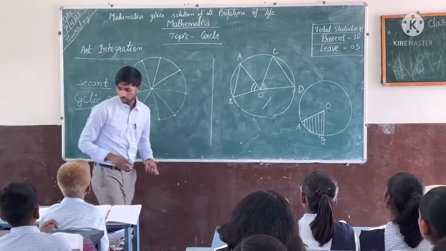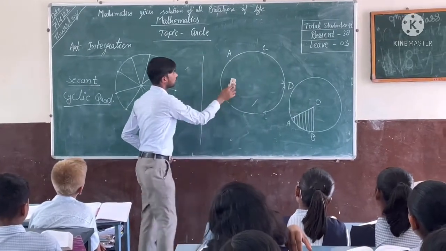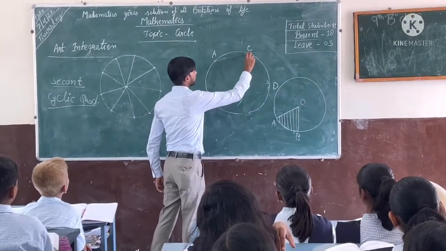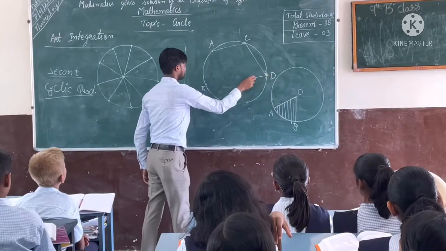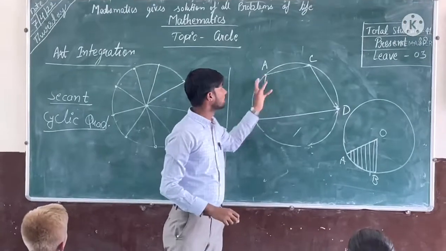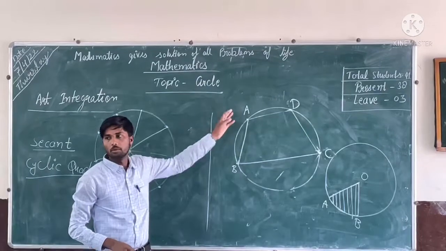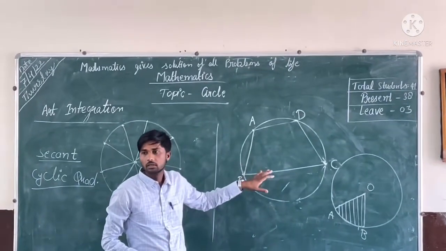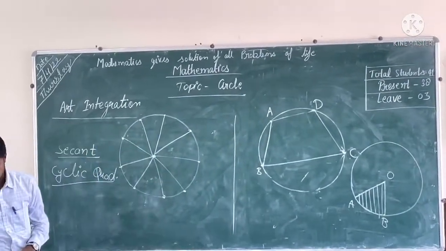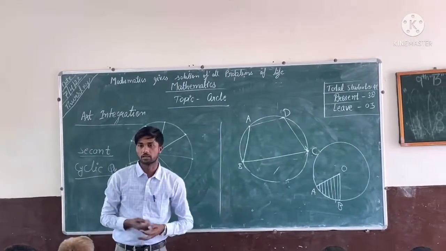If we draw a circle and join all these 4 points like this, then A, B, C, D is a type of quadrilateral named, what is the name? Cyclic quadrilateral. Very good. So you will study the property of cyclic quadrilateral in detail, and we will discuss it in the next class.